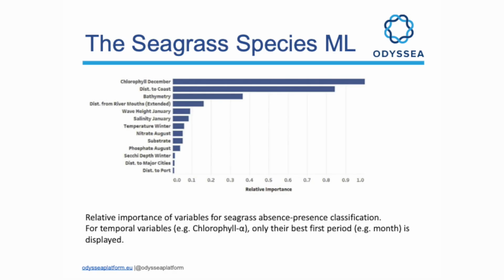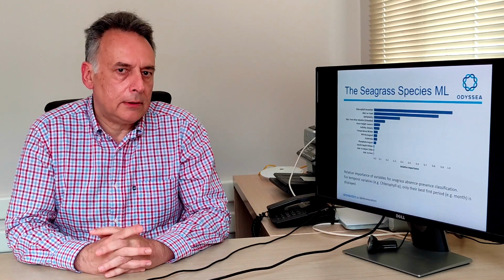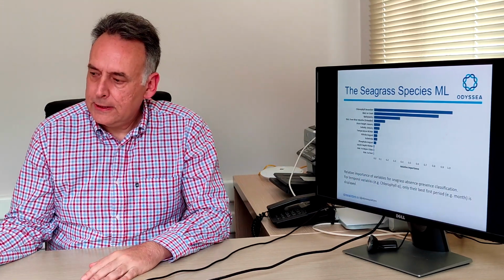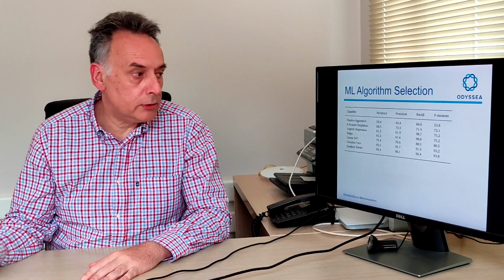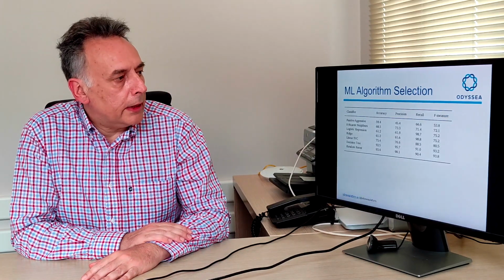For example, chlorophyll is extremely important for the presence of seagrass, but also the distance to coast and bathymetry and the distance from river mouths are the main drivers. And then wave height, salinity, and temperature are affecting it, but in a lesser way. So I would say that this diagram gives us the relative importance of these parameters on the distribution of seagrass, and we have to consider that most of these seagrass species are considered as bioindicators for the marine environment.